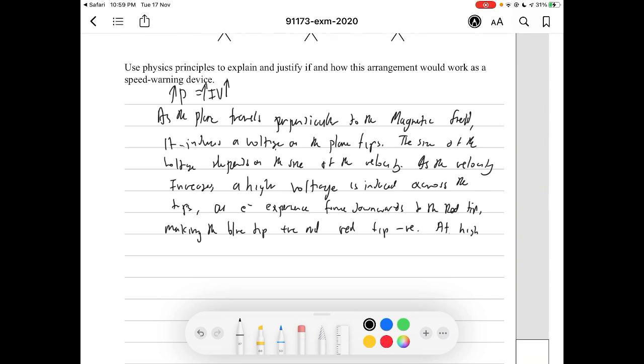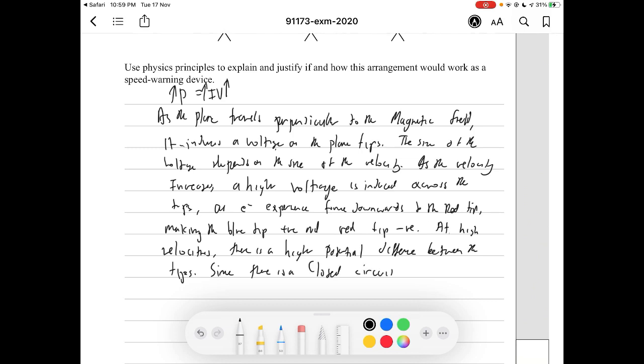So at high velocities, there is a higher potential difference between the tips. Since there is a closed circuit, current can flow in the circuit.